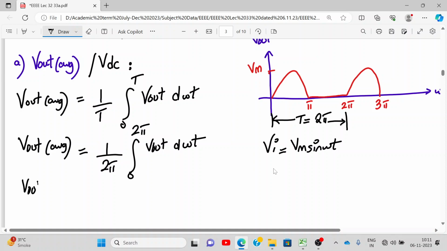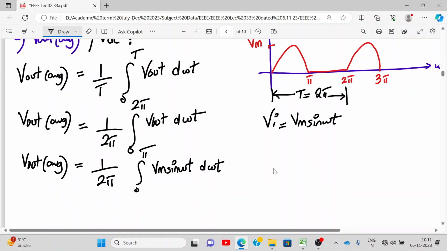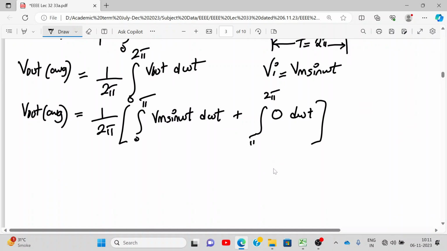Please write along. This we have done before. So 1 upon 2 pi integral 0 to pi Vm sine omega t d omega t, because from pi to 2 pi V out is 0. Now let us solve this further. You can still write plus integral pi to 2 pi of 0 d omega t.